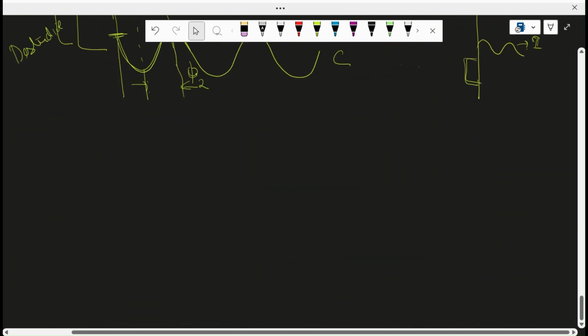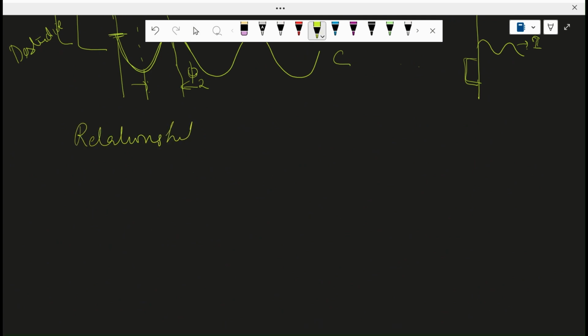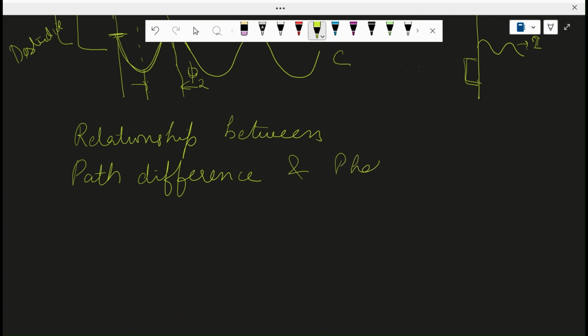Now we will see the relation between path difference and phase difference, right?